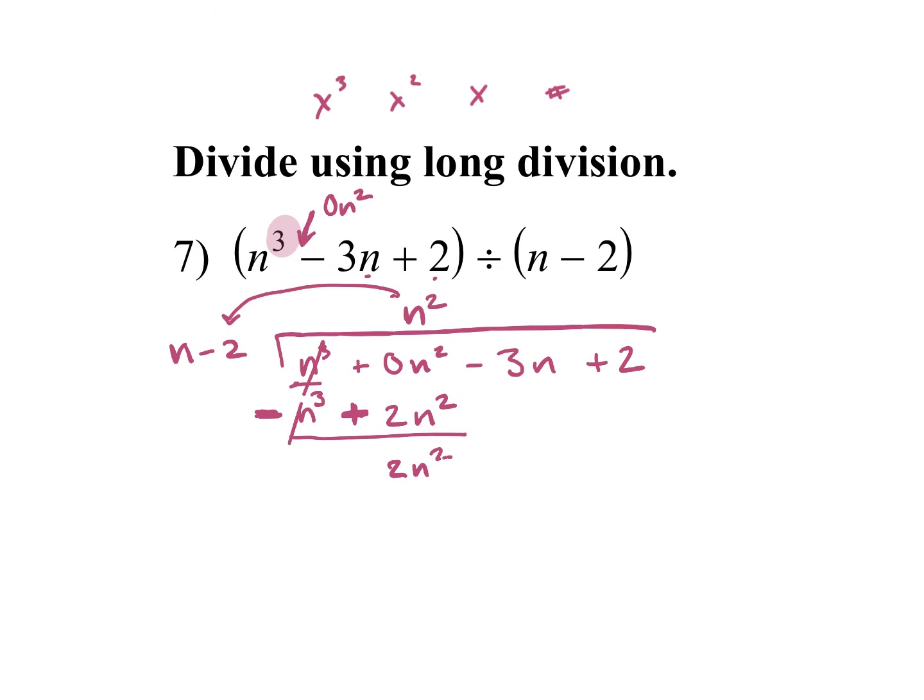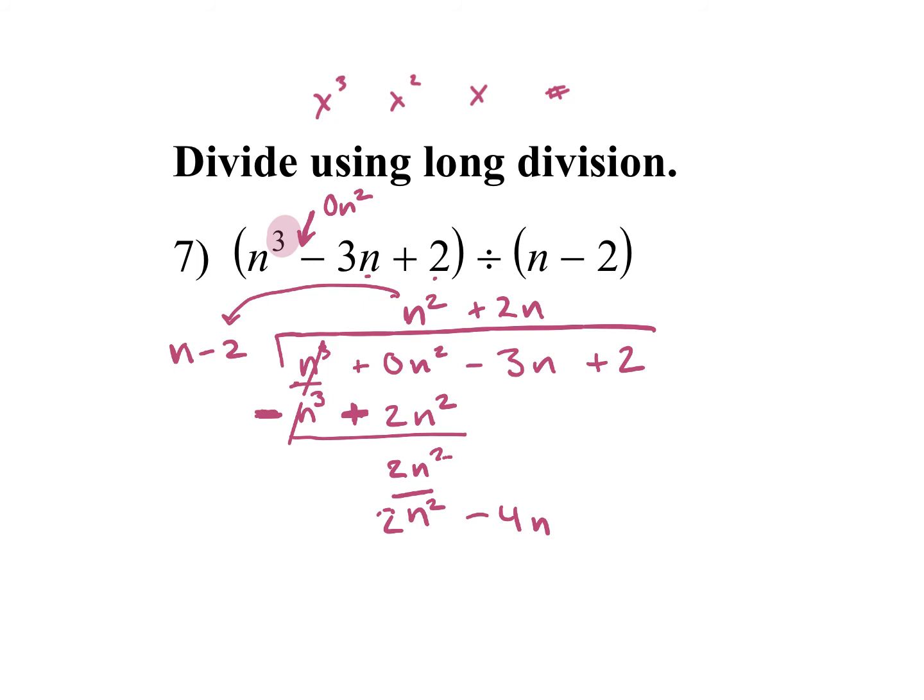Now we do the same thing. What is 2n squared divided by n? Awesome. 2n. Once we put it on top, what do we do? Multiply it by everything out front. So 2n times n is 2n squared. And 2n times negative 2 is negative 4n. What do we do next?